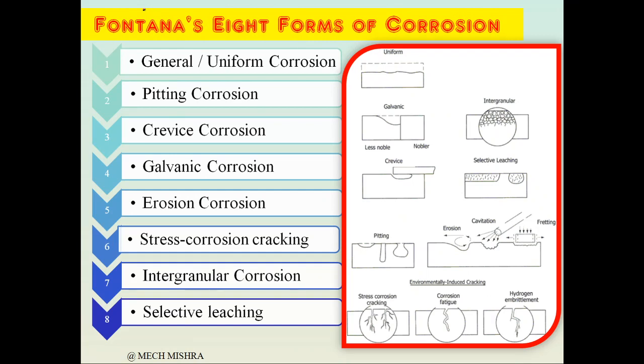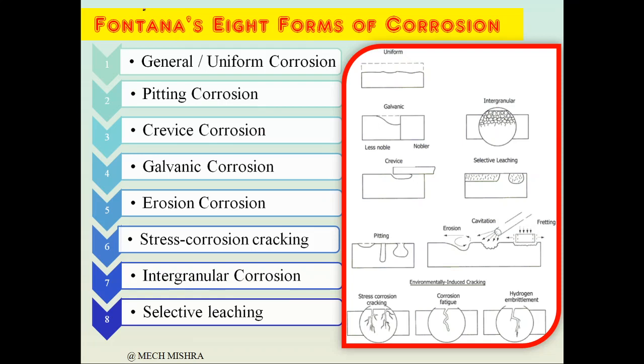Forms of corrosion means the appearance-based classification of corrosion, based on how a corrosion-failed component will look. Based on that we classify the corrosion, and this was already classified in ancient times by Fontana, the writer of the very basic book on corrosion engineering. You must read that book by Mars G. Fontana.